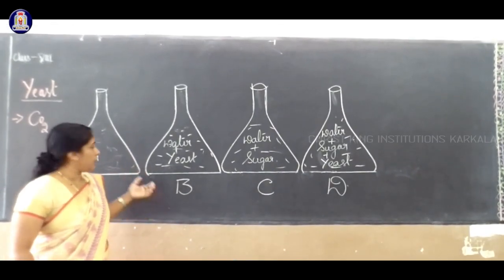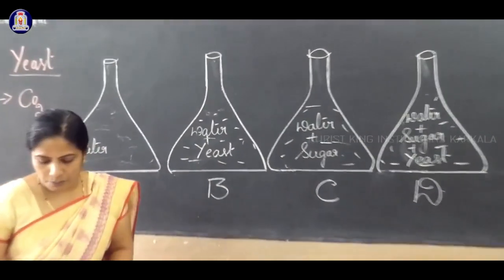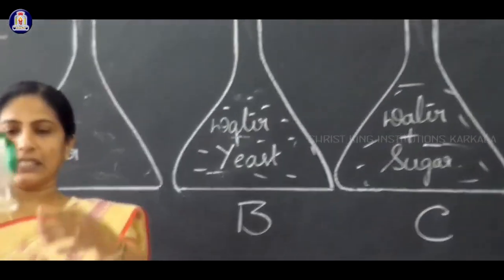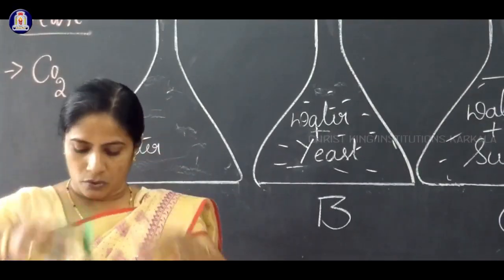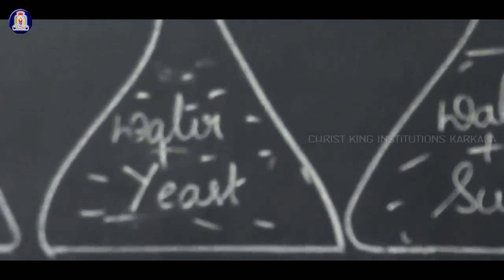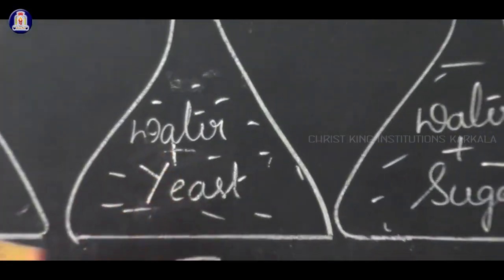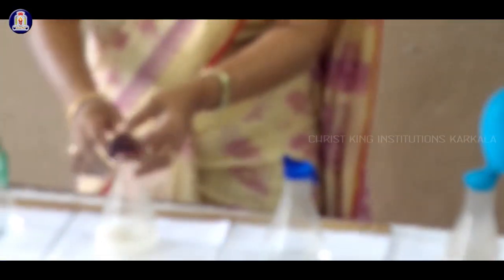We have already conducted the first one. In beaker A, it is just boiling water, only water, and I fixed a balloon. Next, beaker B consists of water with the yeast, fitted with a balloon.